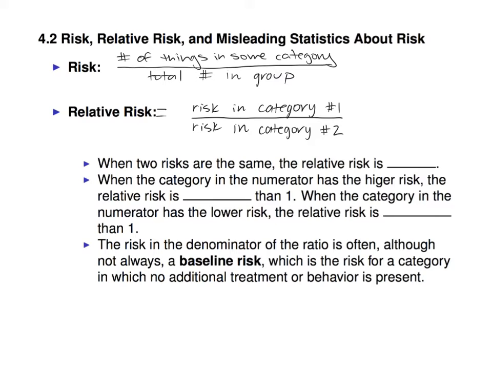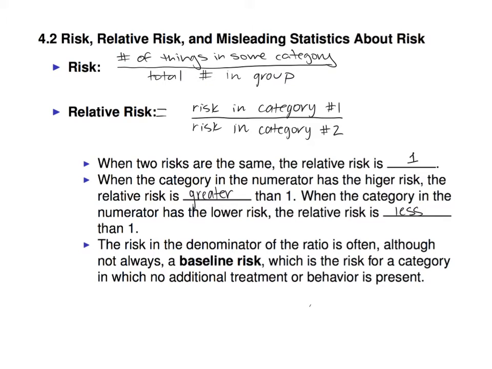If two risks are the same, the relative risk is going to be 1. That's because the risk in category 1 divided by risk in category 2 are the same number, so that's going to be 1. When the category in the numerator has the higher risk, the relative risk is greater than 1. And when the category in the numerator has the lower risk, the relative risk is less than 1.